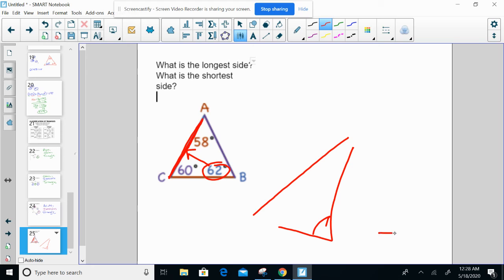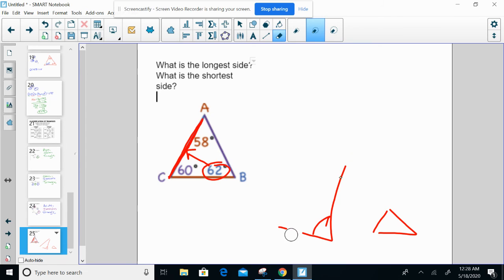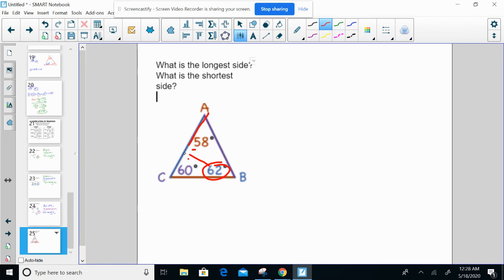Whereas if it doesn't open up very much, that side is going to be really small. So our biggest side is across from our biggest angle. So when we look for the longest side, it is this side, and we name it by the points at the end of it. So this side is AC. So our longest side is AC.